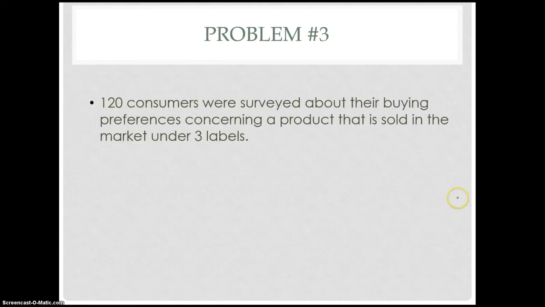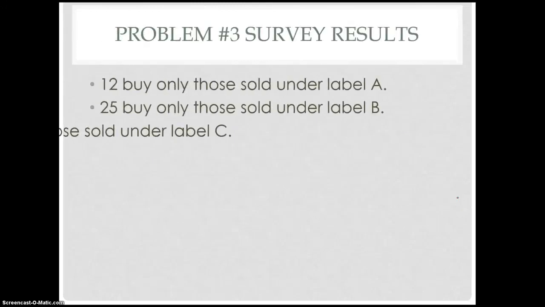Problem 3, this is a big one, so you're going to have to pause this one probably a couple of times. 120 consumers, and we've got 3 markets that have, or 3 different labels. And I'm going to show you the results here on this page.